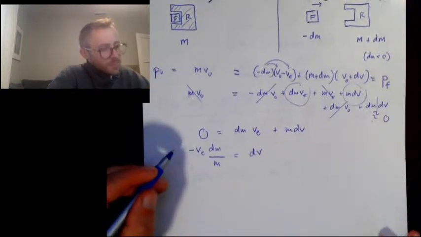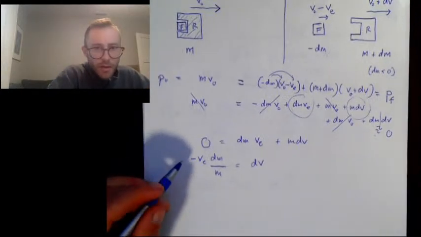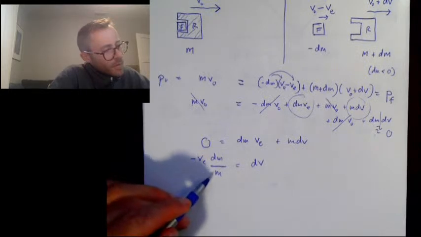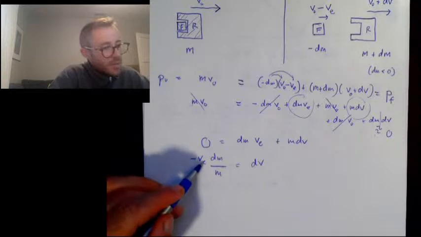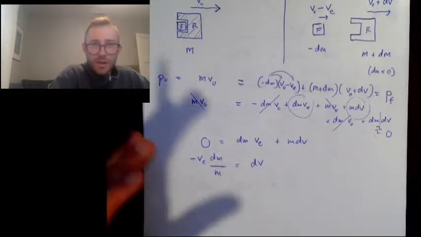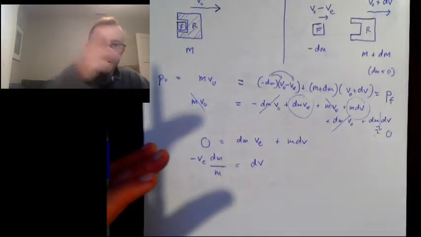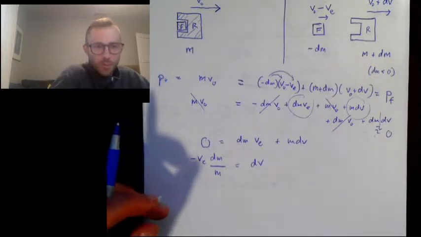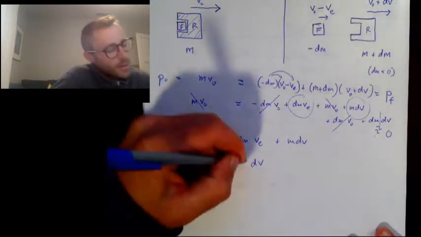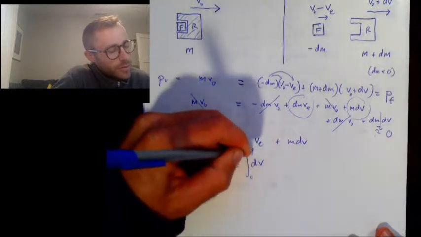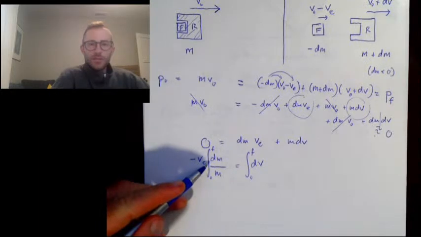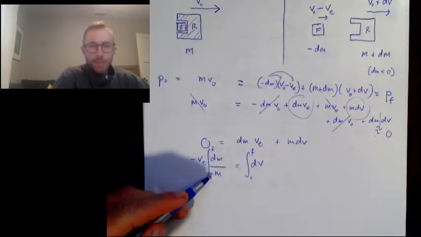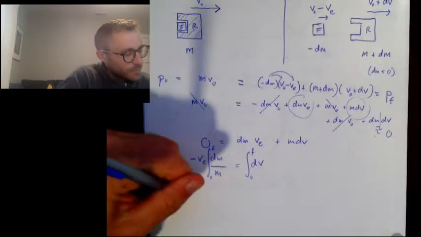Now I'm going to integrate both sides, keeping in mind that the velocity of the exhaust is a constant and it depends on the particular properties of the rocket booster that you're using. So I integrate both sides from initial to final. And I can see I have this integral of dm over m. So that's natural log.